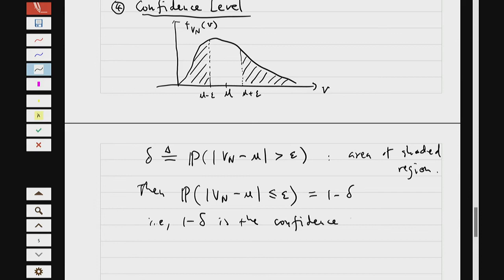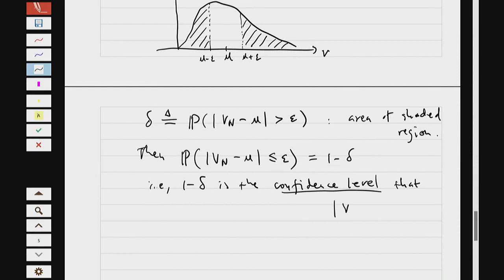That's the probability that we have derived within epsilon. Very often we call this region, where the distance is less than or equal to epsilon, the confidence interval. So with 1 minus delta confidence, our estimate is within the interval that we want.